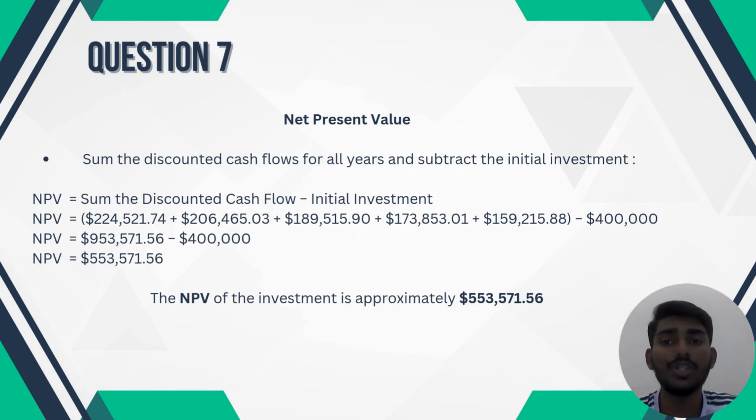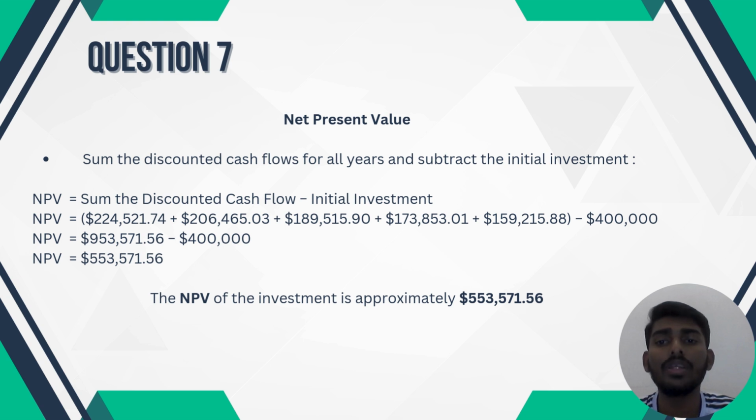The net present value of question 7 is the sum of the discounted cash flow for all years minus the initial investment. So the NPV equals the sum of the discounted cash flow minus initial investment. So 224,521.74 plus 206,465.3 plus 189,515.90 plus 173,853.1 plus 159,215.88 minus 400,000.